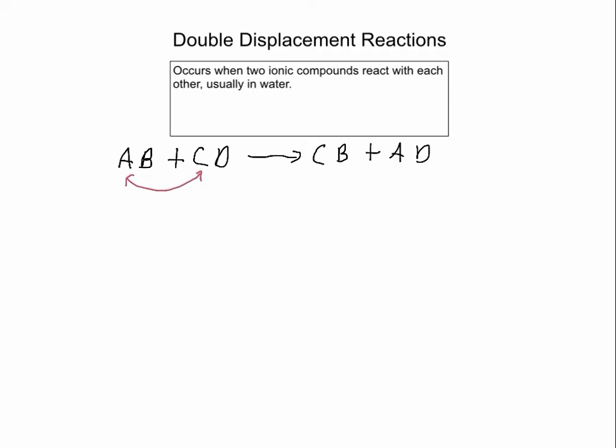Now there are a few things that have to happen when a double displacement reaction occurs. And to look at those, let's look at an actual example. So we are going to start with lead nitrate and potassium iodide.